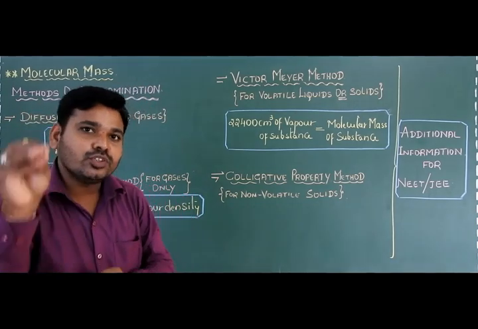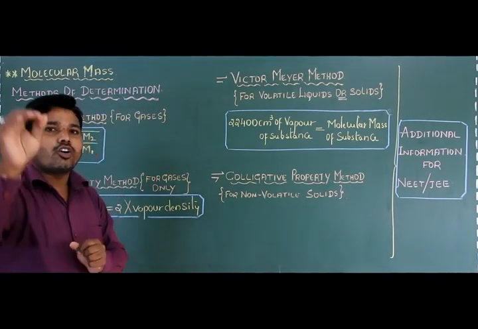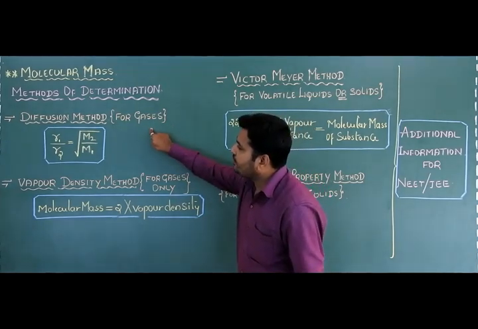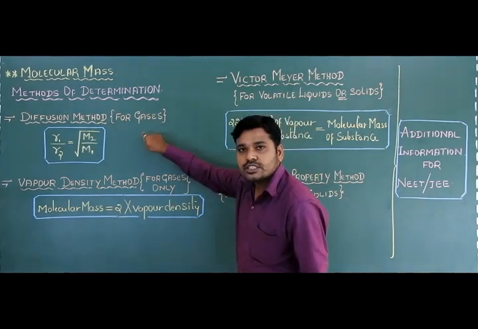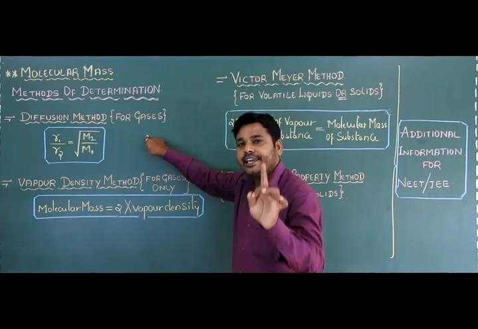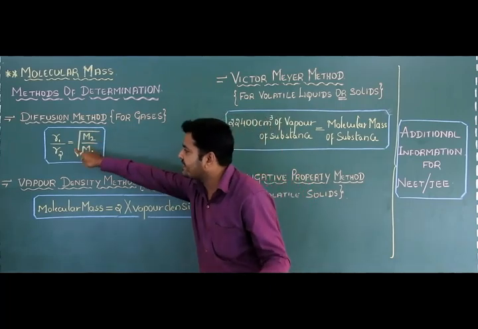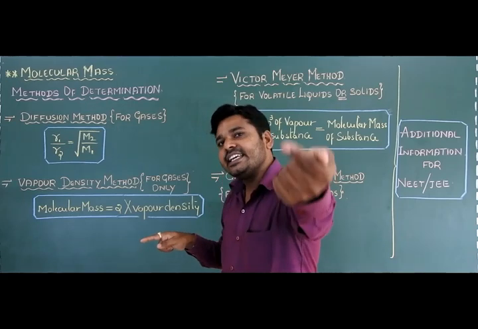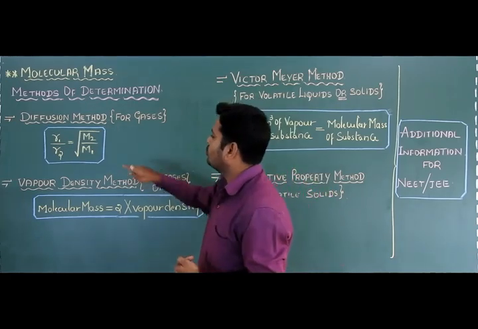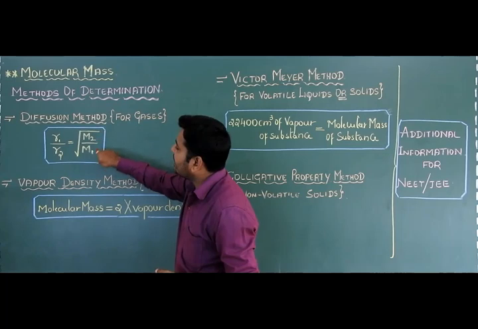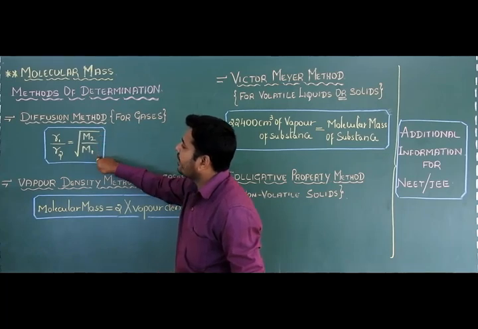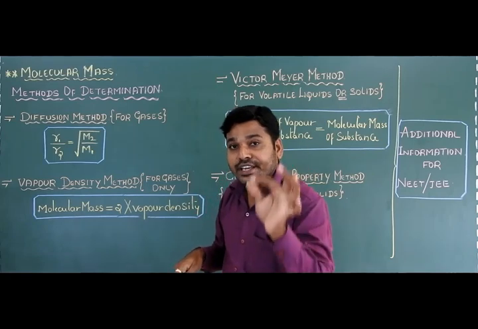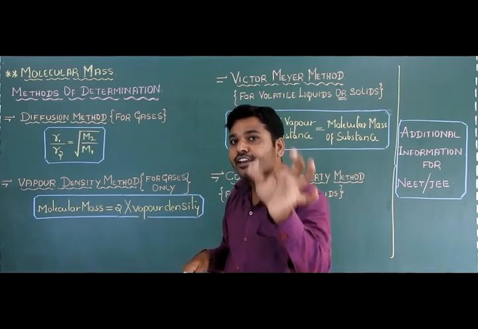According to this diffusion method, the ratio of rates of diffusion of two gases is inversely proportional to the square root of their molecular masses. So this is regarding the diffusion method, students. Please listen to the explanation carefully.